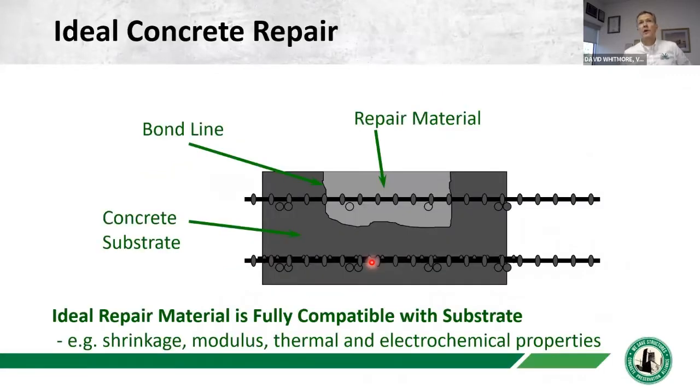Now, when you do a concrete repair in a perfectly ideal world, the concrete repair should match the existing parent concrete and should blend right in terms of all physical, mechanical, and electrochemical properties. If it does that, it's going to be ideal and it will last an indefinite amount of time.